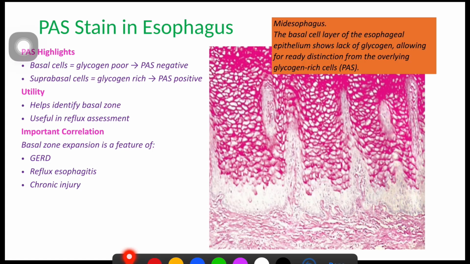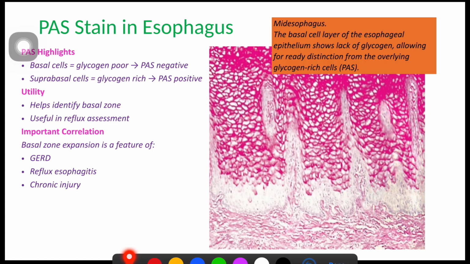Here is the PAS stain in the esophagus. Normally, the basal zone is glycogen poor, so these cells are PAS negative. The basal layer is less than 15% of the total epithelial layer, so here you can easily identify it. The suprabasal layers are glycogen rich, with pink PAS positive cytoplasm, which is useful in reflux assessment.